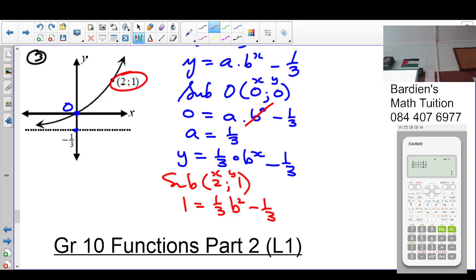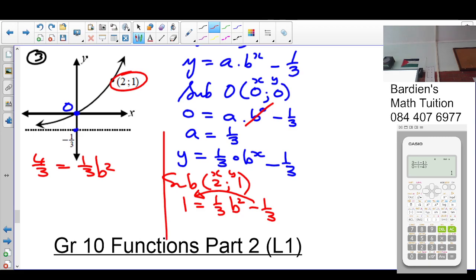Now, the third over the equal sign, yes? Then becomes 1 and a third, yes? Which is 4 over 3 is equal to 1 over 3 b squared.